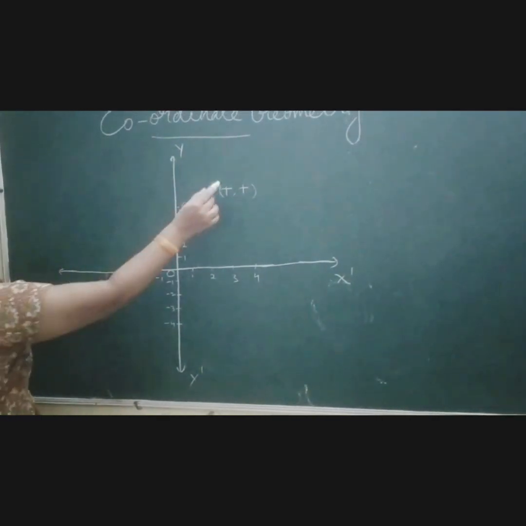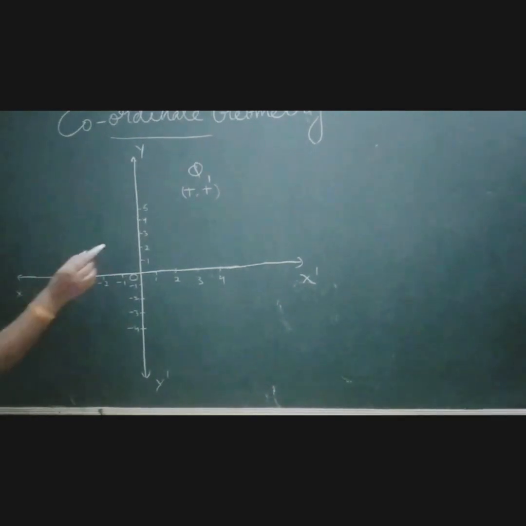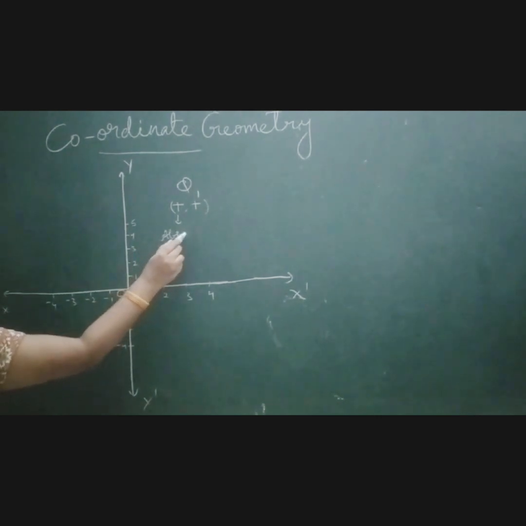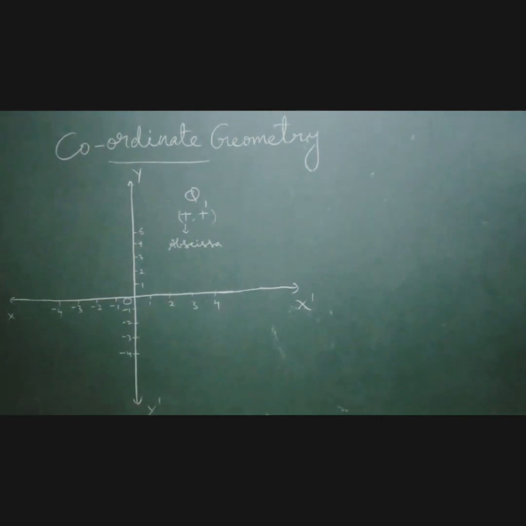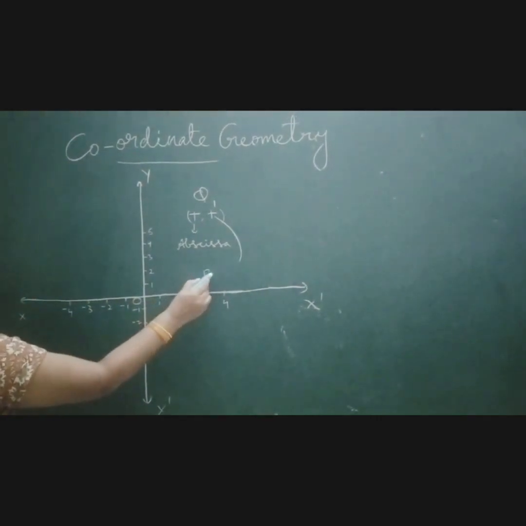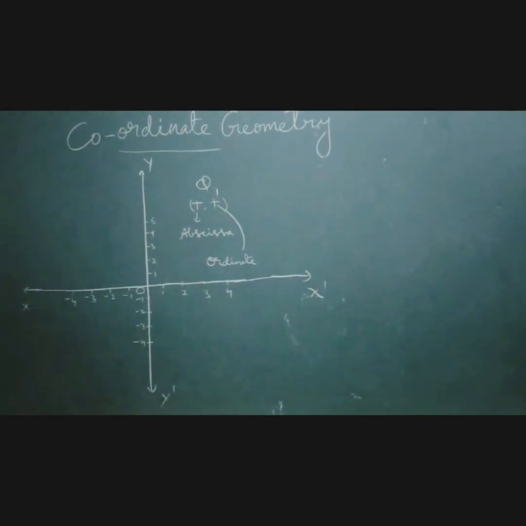This can be named as quadrant 1. The first one can be called the abscissa, or x coordinate, and the second one can be called the ordinate, or y coordinate.